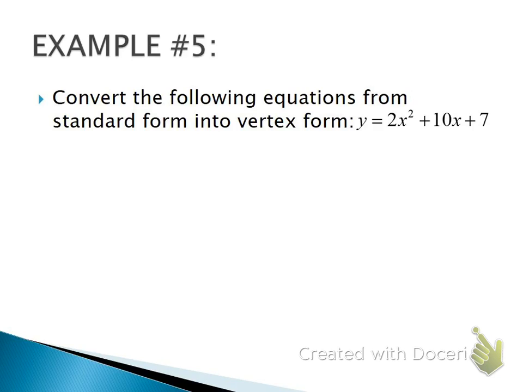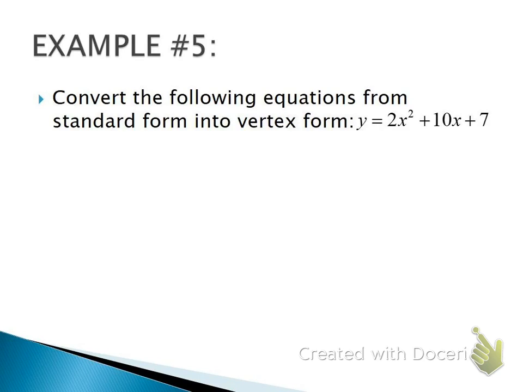All right, on our next example, we are going to convert this from standard form into vertex form. It's going to be easiest if we just use this to identify our vertex. I wouldn't necessarily try to just start rearranging this. I would find your vertex. You can always get to vertex form if you have a vertex.